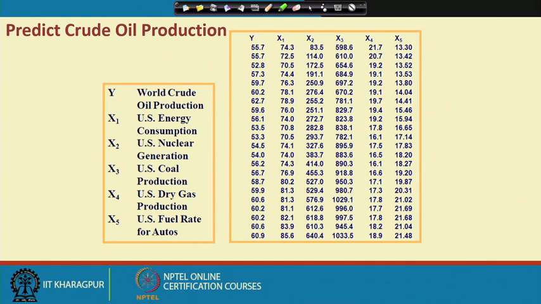So, this is a multiple regression problem. Here we have a dependent variable and independent variables. That means technically y is the dependent variable and we have 5 independent variables. The issue of multicollinearity starts at a high rate, or the complexity starts increasing, the moment we put one after another independent variable into the system.